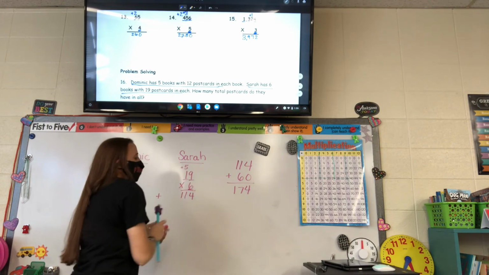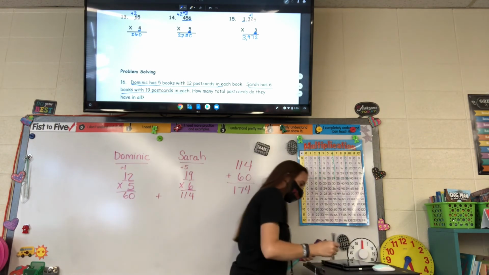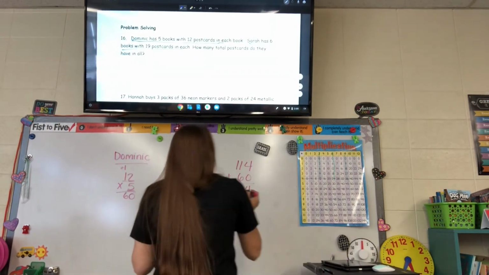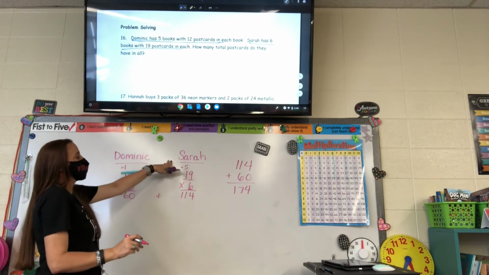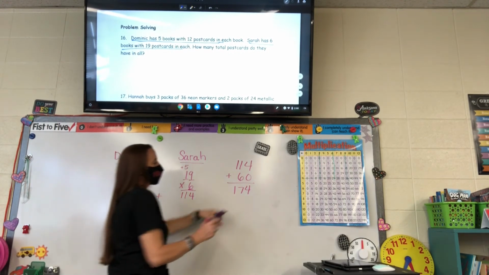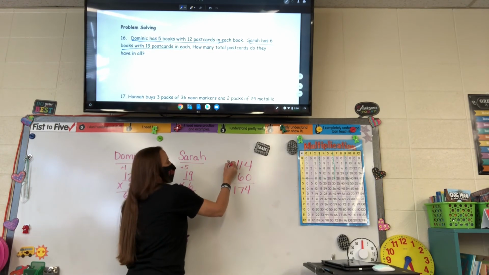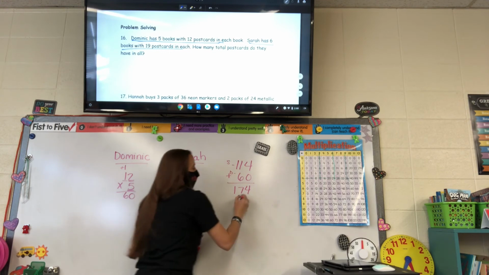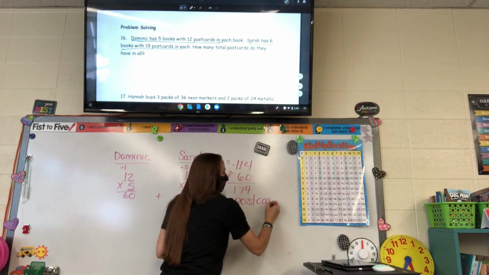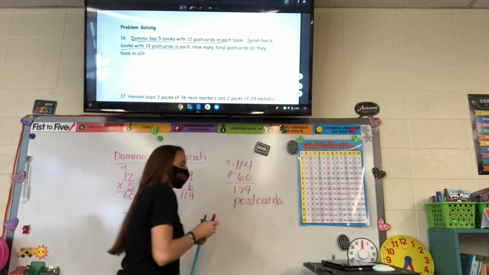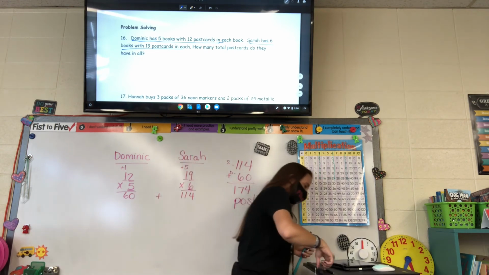We're just going to put postcards. Okay. So now we're going to add Dominic's postcards with Sarah's postcards to figure out the total. So here's Sarah's and Dominic's, and together we get 174, and we need to label it. 174 what? 174 postcards.